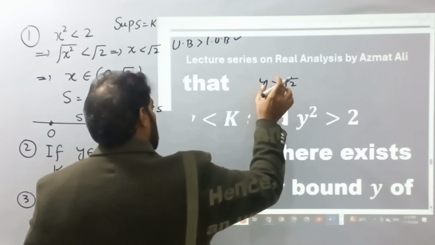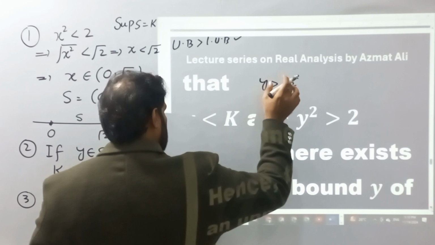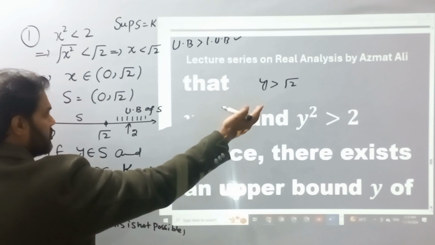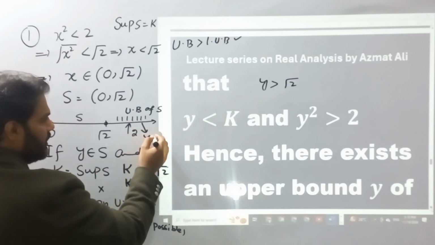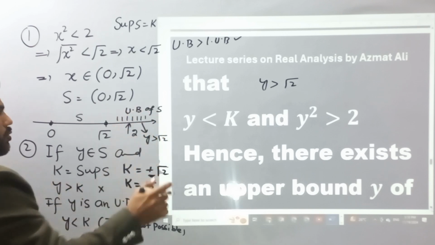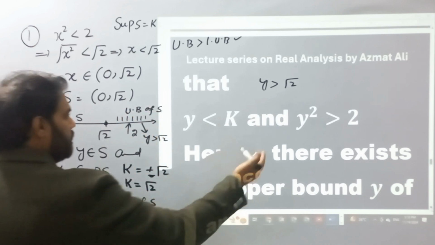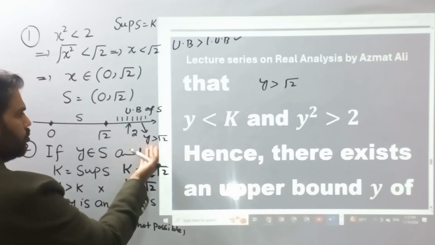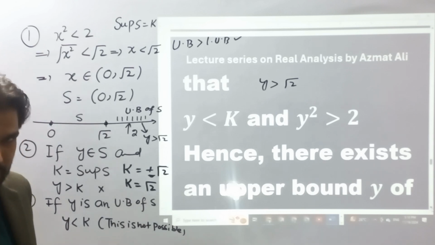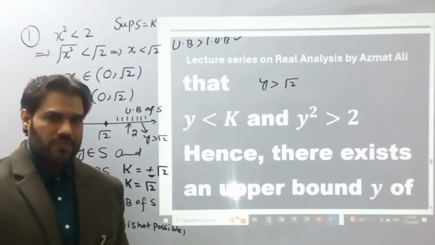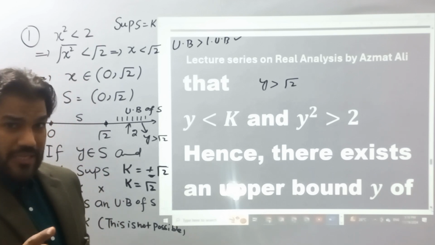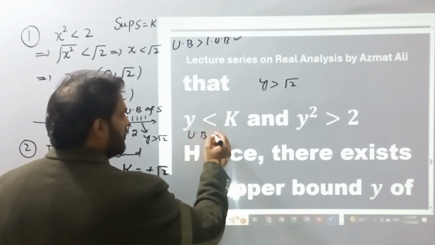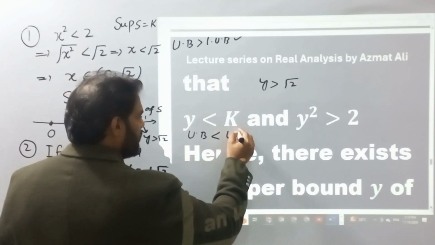This shows that all the rational numbers greater than square root 2 lie in this region, and this region shows the upper bounds of set S. That's why y is an upper bound of set S. Now, if y is an upper bound of set S, is it possible that an upper bound is less than the least upper bound?